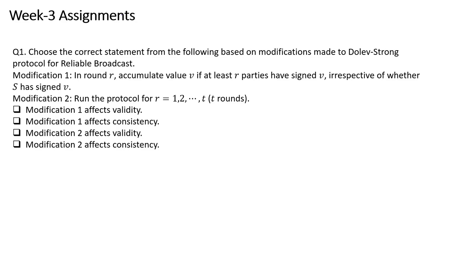But what if the check of whether the R distinct signatures on message M include the sender S's signature is not there? What will happen to the correctness of the protocol, or in short, to the consistency or validity of the protocol? Our claim is that this modification 1 will affect the validity. So validity will not be satisfied. How?